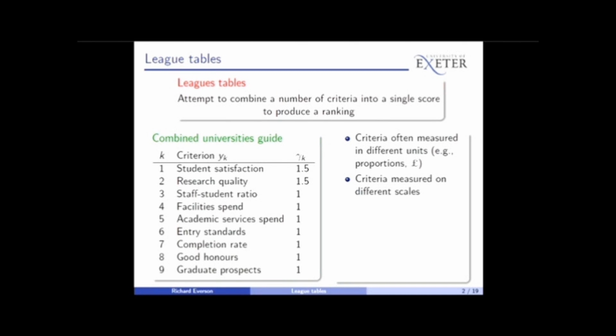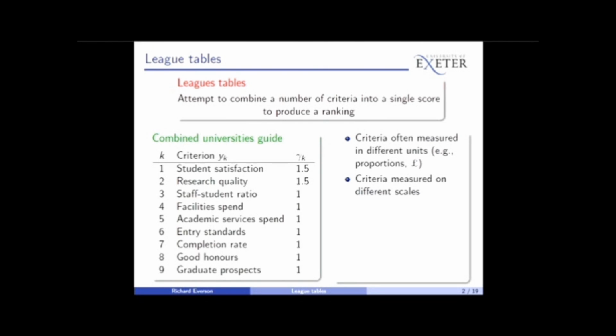And the sort of example I'm going to talk about a bit is the Combined Universities Guide, where there are these 9 criteria: student satisfaction, research, staff-student ratio, how much money you spend in various places, what your entry standards are, interestingly, how many people complete the course, and what their prospects are after they leave the university.